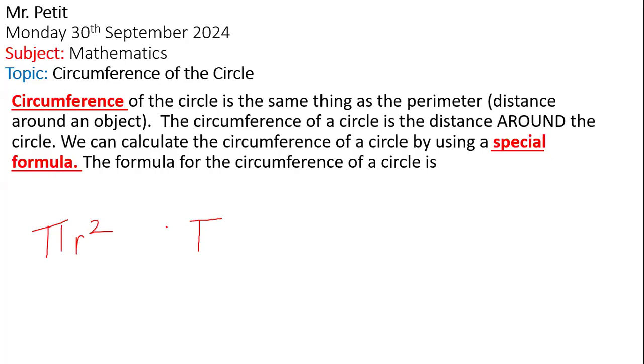Is it 2 pi? Is it 2 pi d? Is it pi r squared over 2? Or is it 2 pi r? Which one do you think it is?